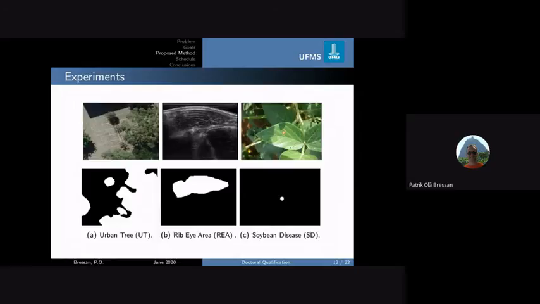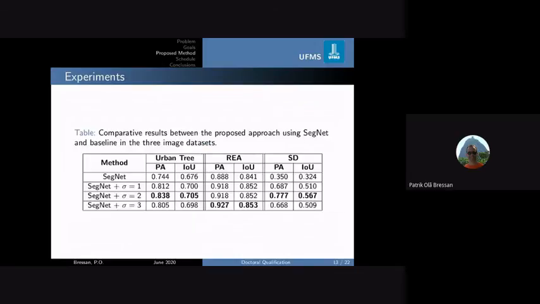A, urban tree, will be by area, and C, dataset in soybean disease. Here are some experiments comparing our approach with SegNet. The main parameter here, sigma, determines the spread of uncertainty around the edge.